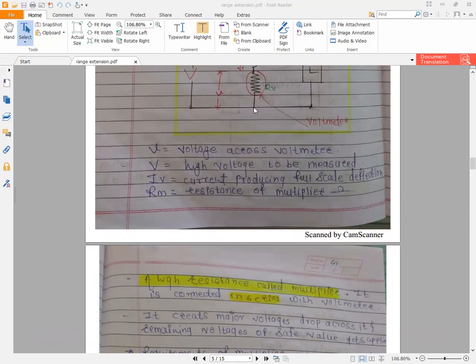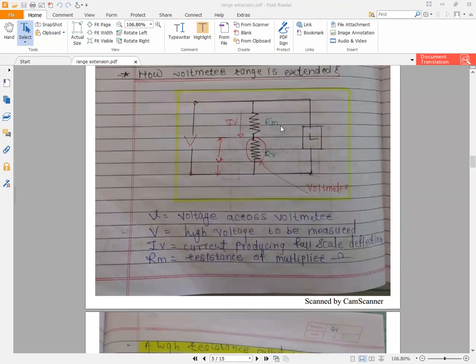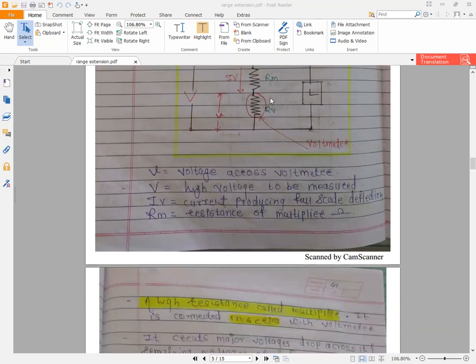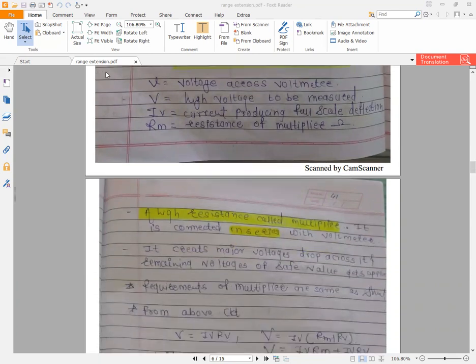The multiplier has high resistance because we know that the voltmeter coil has low resistance, it is very thin. Therefore, we connect a high resistance in series, and this is our multiplier. It is connected in series with the voltmeter.